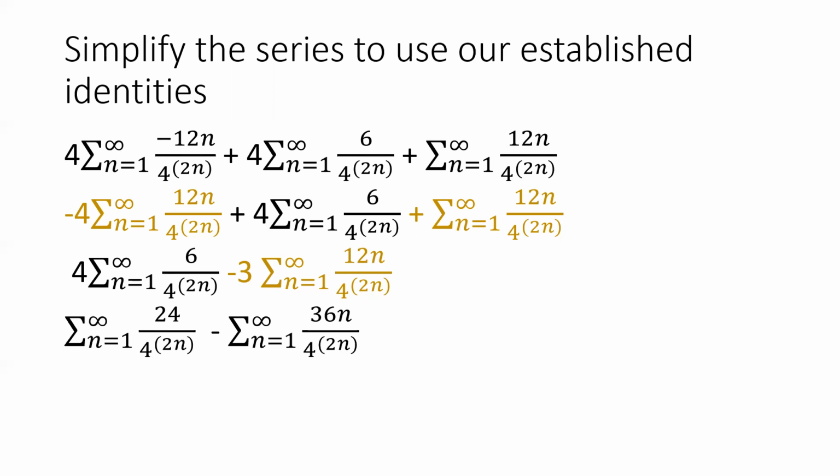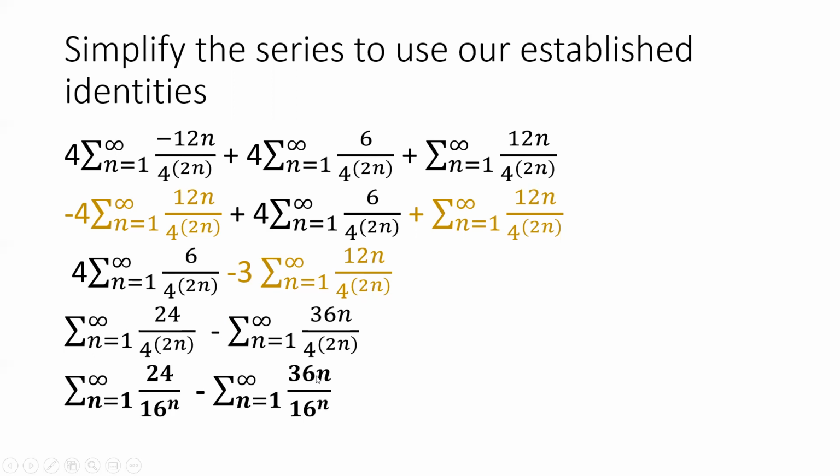But since it's 24 over 4 to the 2n, 4 to the 2n can be rewritten as 16 to the n, because you can just distribute this 4 squared, giving me two very simple series of 24 over 16 to the n and 36n over 16 to the n. Now, these are in the form that we actually need to solve the question.